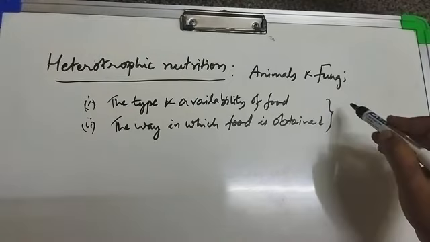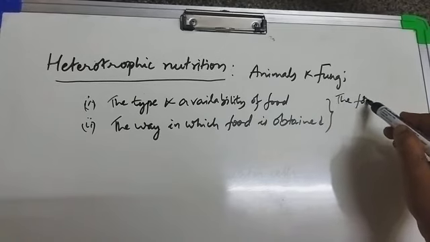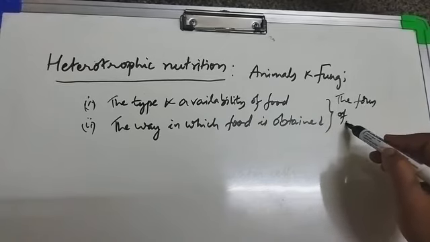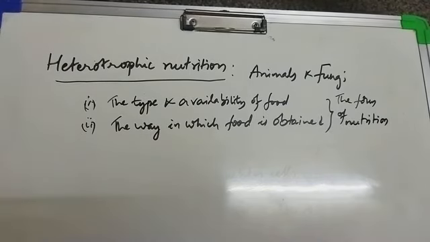What are the two things? The type and availability of food material and the way in which the food is obtained.